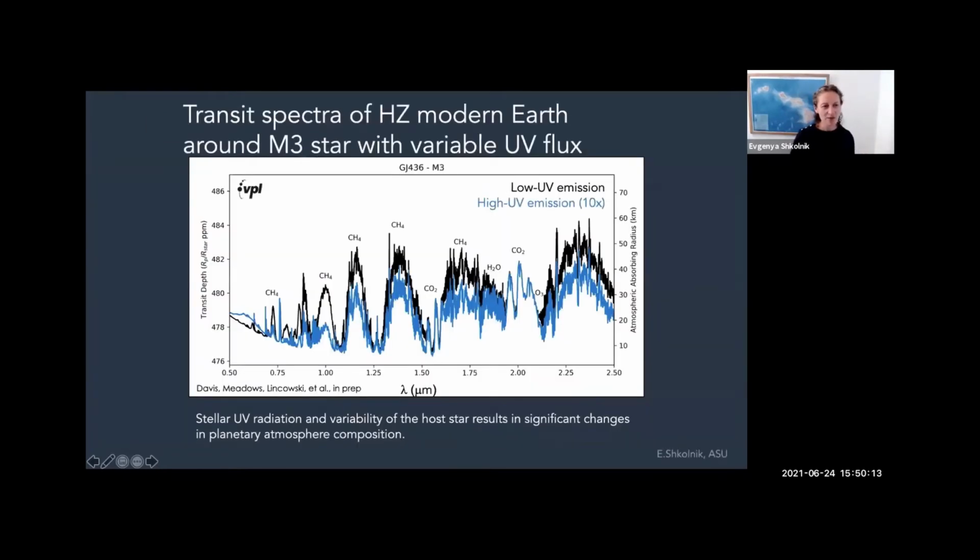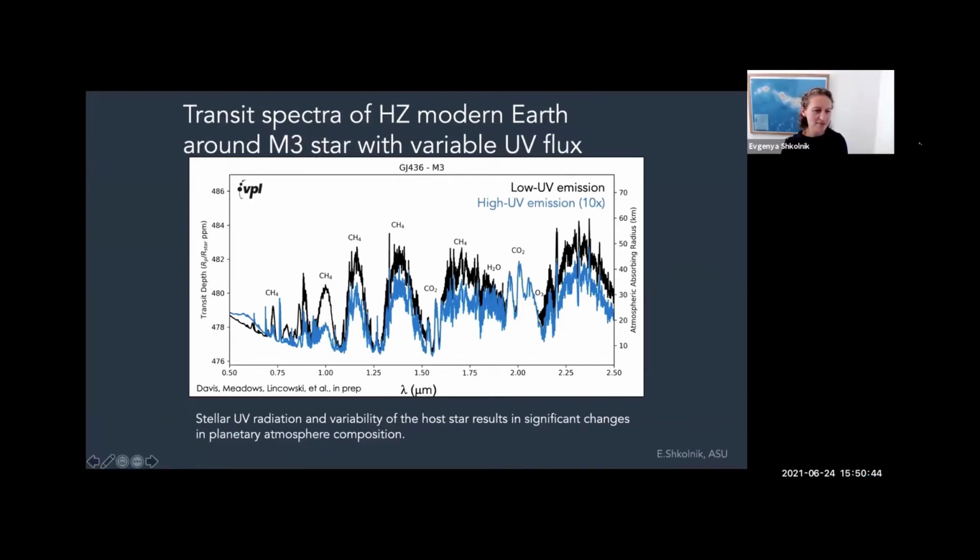So to give you one example, and I have one at the end as well, here is a transmission spectrum of a habitable zone, modern Earth, around an M3 star, so a mid-M, that shows the effect of whether the star has 10 times the UV emission than some baseline here. And even though the observations are all done in the optical and infrared, the context of the UV is needed in order to interpret these longer wavelength observations of the planets.